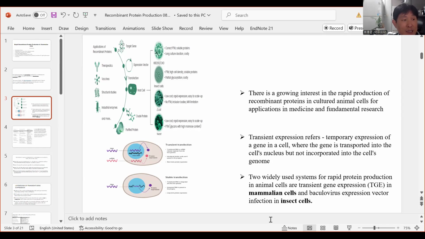Instead of histidine, some people add the streptavidin binding peptide motif at the C terminal, and then with streptavidin agarose beads, we can more specifically and easily purify the recombinant protein. I saw it in very high level papers, but the His tag is most popular.